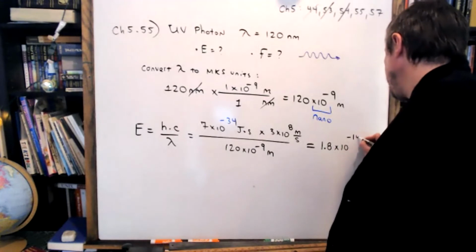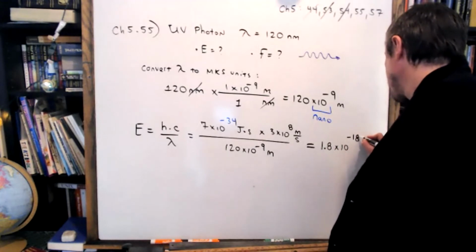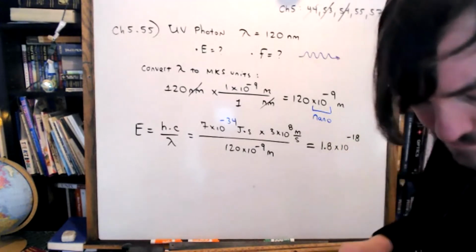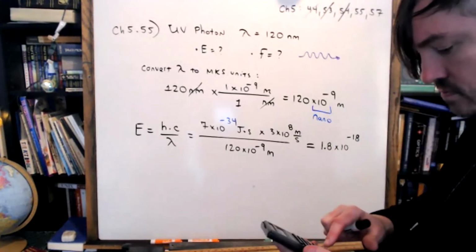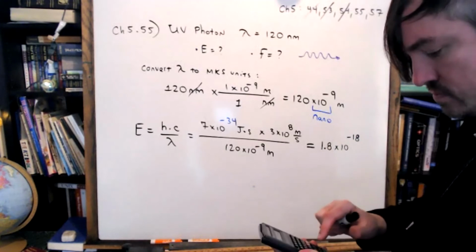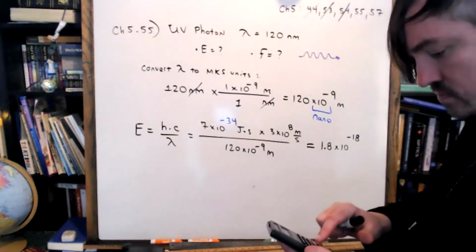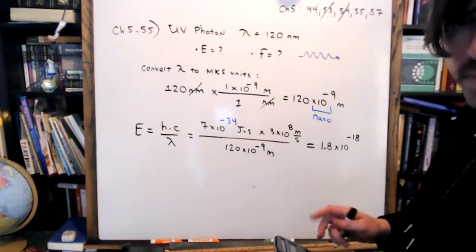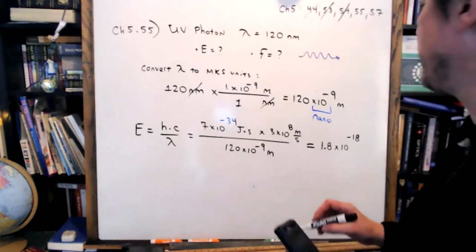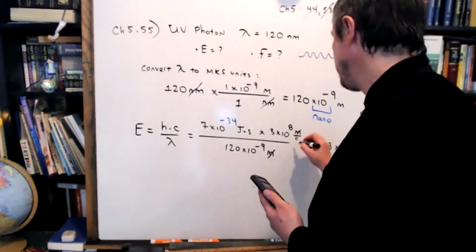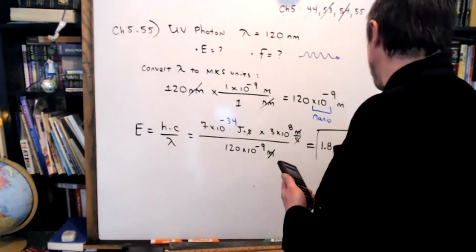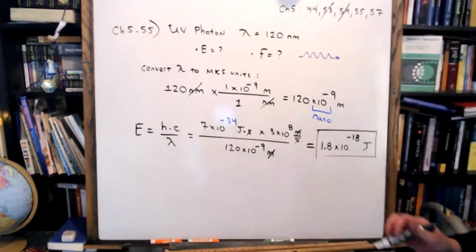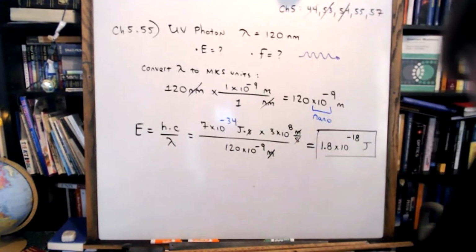So negative 18th, and what are your units? Joules? That's right. Meters cancel with meters, seconds with seconds. It's an energy after all, so its units should be joules. Good.